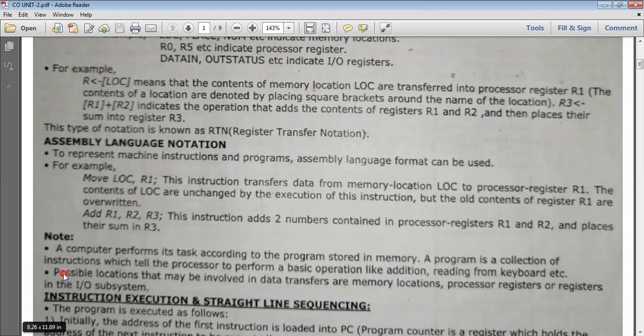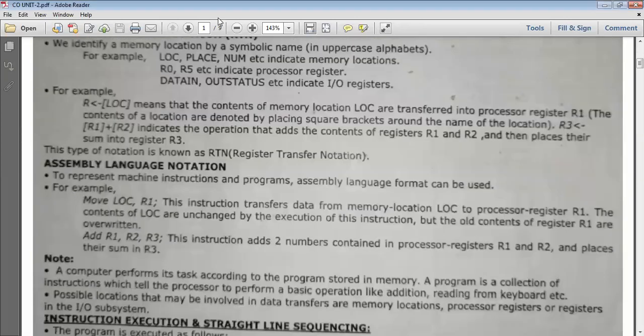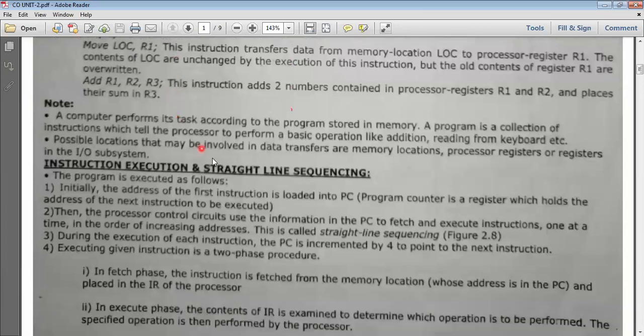Like this, we take examples and represent the register transfer notation and assembly language notation. The next topic is instruction execution and straight line sequencing, which will be continued in the next class.